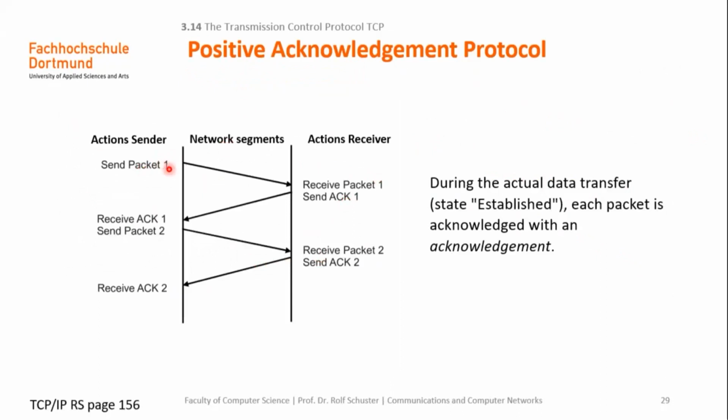For instance, this packet is sent, and during the actual transfer state, remember, each packet is acknowledged with an acknowledgement, that is, indicating with the acknowledge flag that an acknowledged number is sent, and with the acknowledged number we indicate that the data received previously is received without errors, and in that way we exchange the data and the confirmation of the data received.